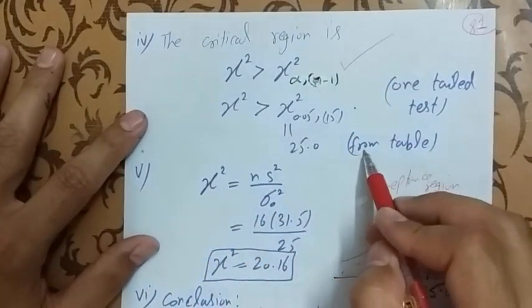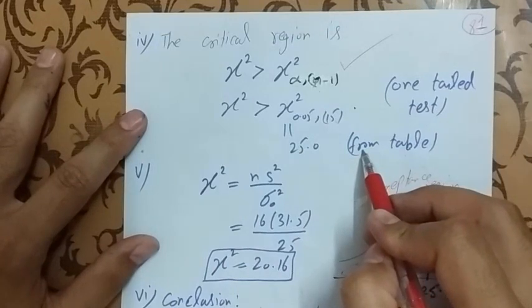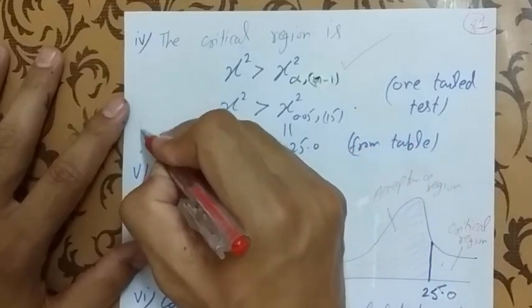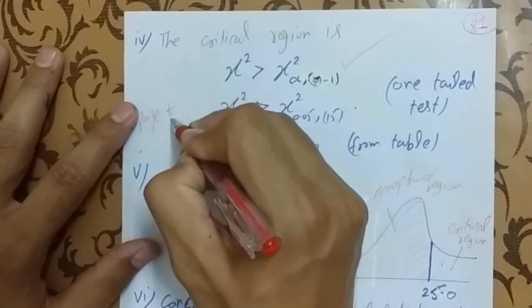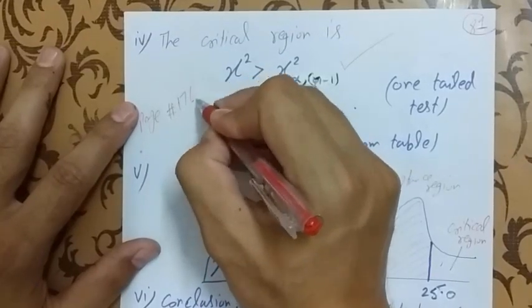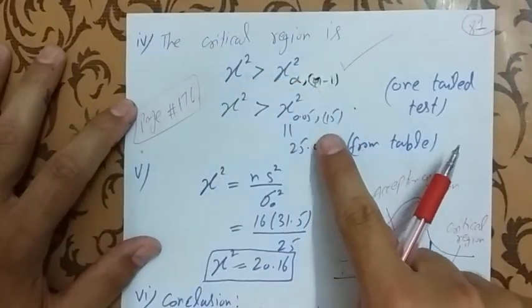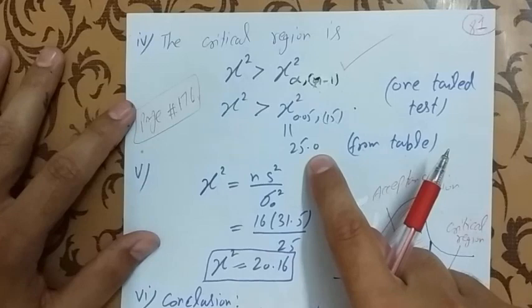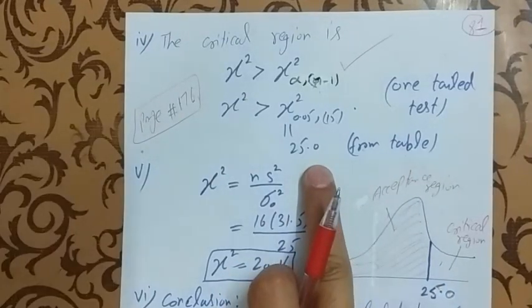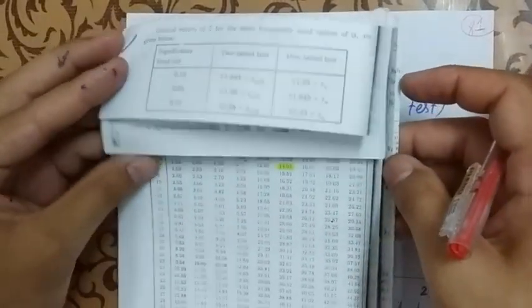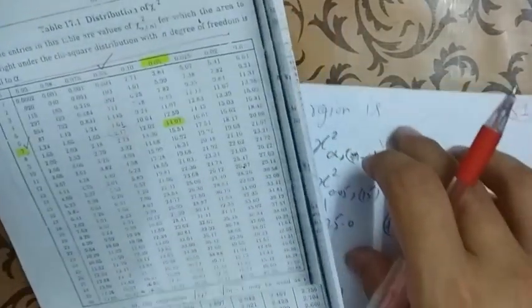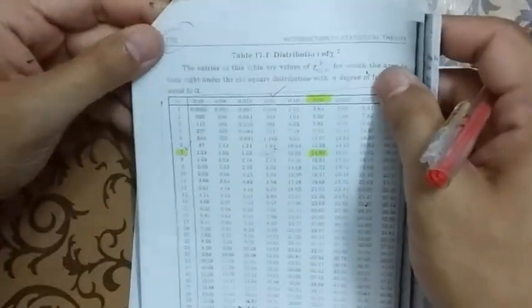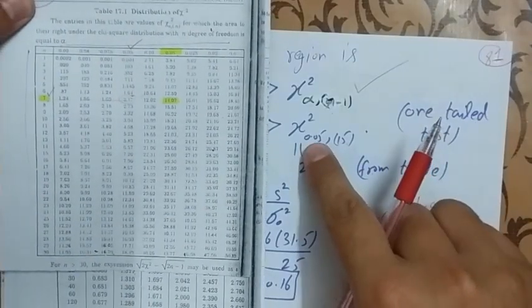By using the chi-square table, which is given in the book on page number 176, I think, its value is equal to 25.0. Class, I will again show how to check the chi-square table. Alpha is 0.05.